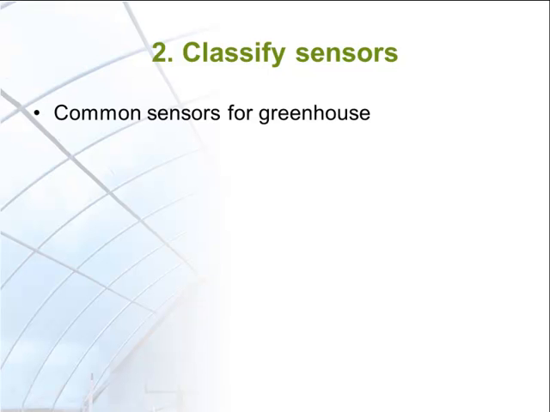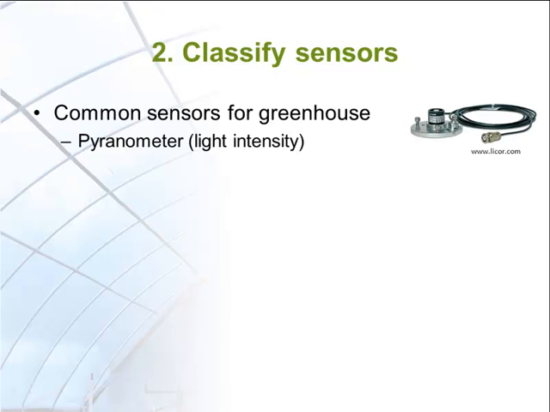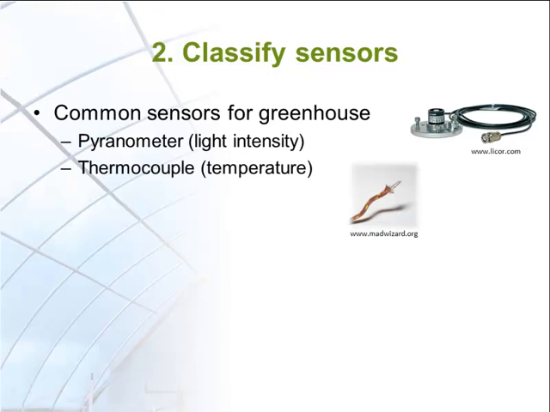For example, types of some commonly found greenhouse sensors are pyranometer, which is a passive and absolute type. A thermocouple is a passive and a relative type. Thermocouple does not require external power, but it does require a reference to determine its actual temperature.